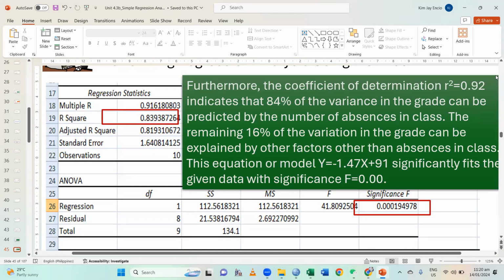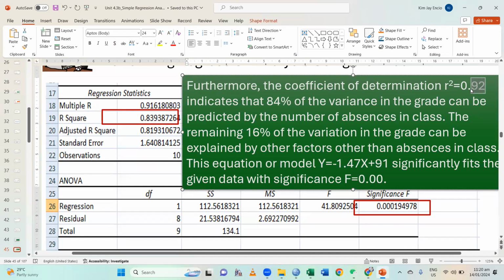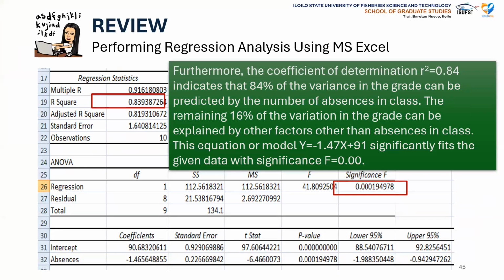That's why it should be 0.84, not 0.92. So we have seen an error. Therefore, the coefficient of determination R squared equals 0.84 indicates that around 84% of the variance in the grade can be predicted by the number of absences in class.